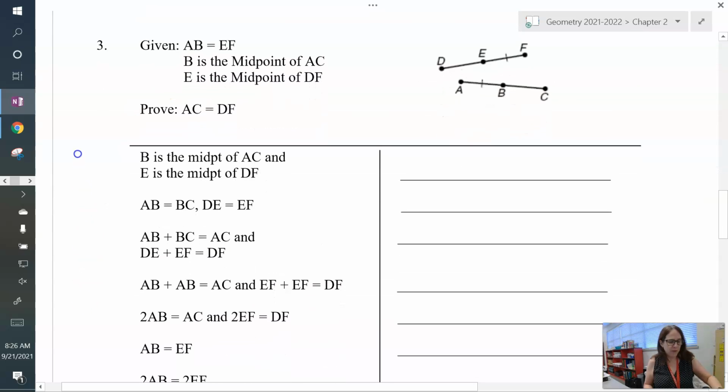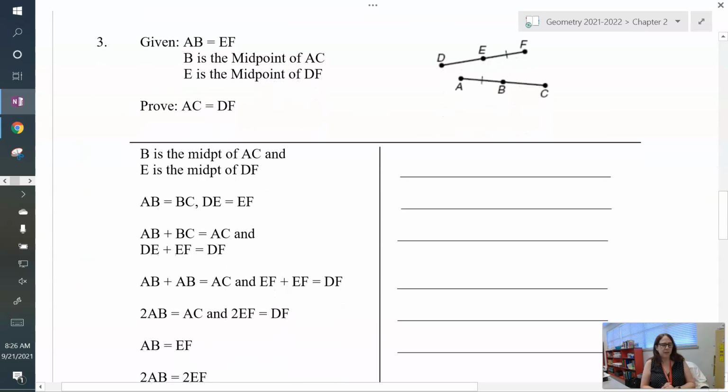All right, now we're going to do one with segments and midpoints. I told her we were just doing angles, but I'm throwing in a segment proof anyways. So given AB, that's distance AB, equals the distance EF. Make sure you've marked it on your picture, and look, it's already marked for me.